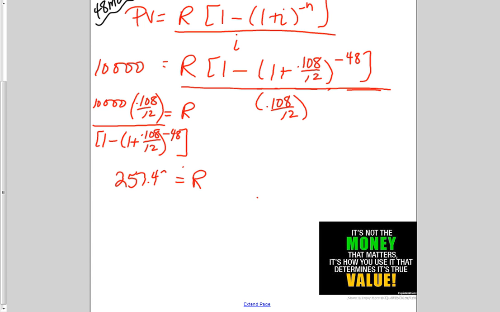Now it does take me a second to type it in, but I do it all in one step. There should be very little rounding error.